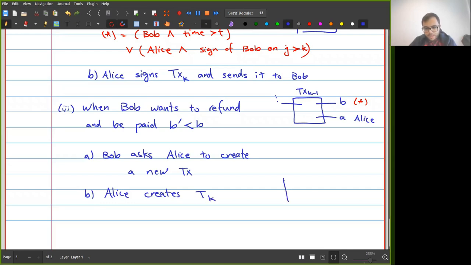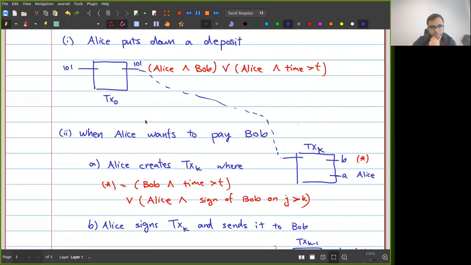Now this transaction is going to have the amount B prime to Bob, and of course some new amount A prime to Alice. So this is paid to Alice, and the amount that is paid to Bob is paid using the same condition. Okay, so using the condition that Bob is not cheating. And whenever I'm putting dots here, I mean it comes from up here.